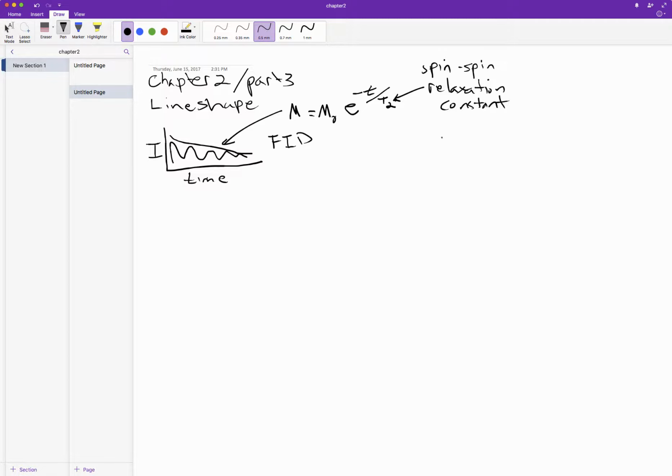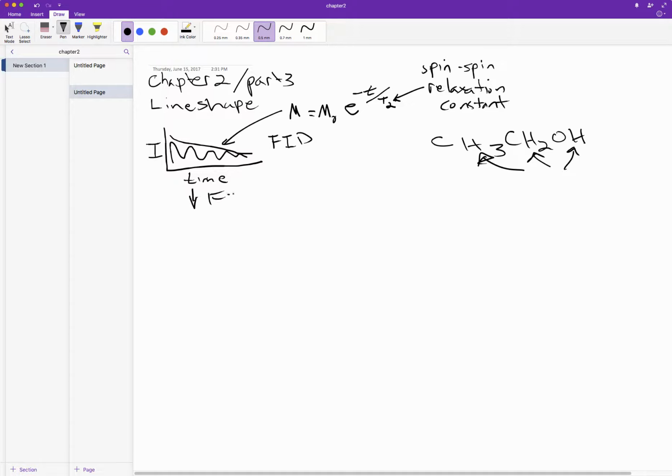So if you had your good friend ethanol here, then this one would have a different spin constant than this one, and this one. They would all be different. But the important thing here is when you do your Fourier transform, and you go from the time domain to the frequency domain, and you get a peak.